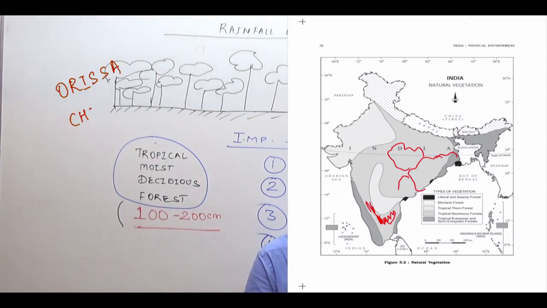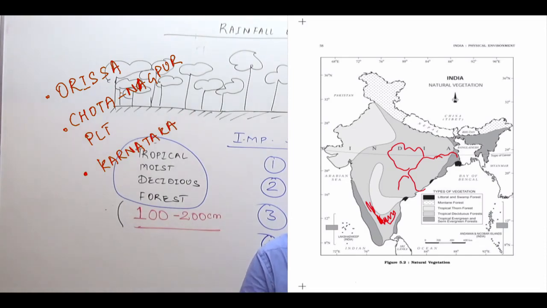Chota Nagpur Plateau, Karnataka, parts of West Bengal, and the Andaman and Nicobar Islands.